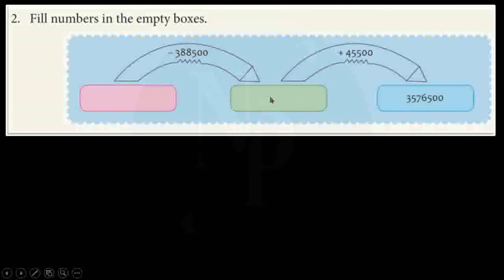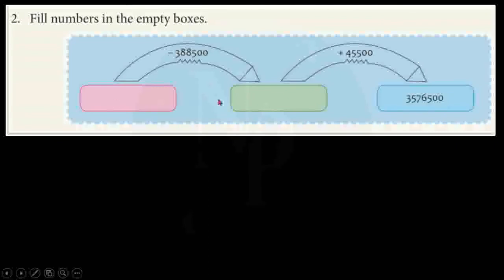Again it is left blank, and to this number if you add 45,500, you will get 35,76,500. On adding 45,500 to this number which is to be found, you will get 35,76,500.